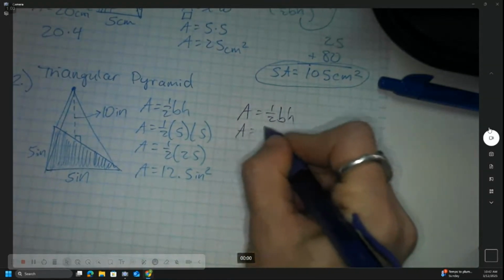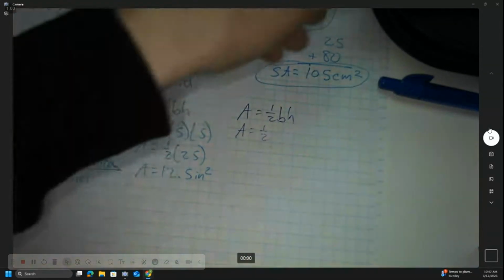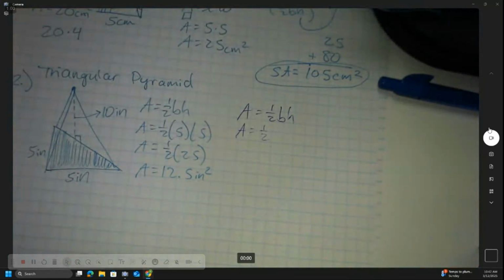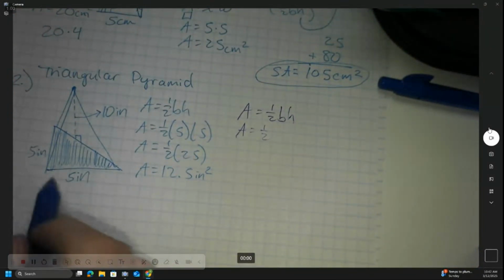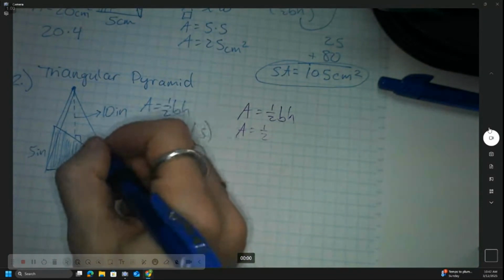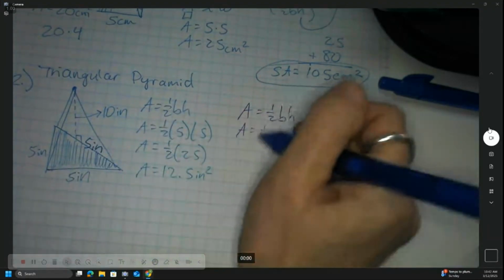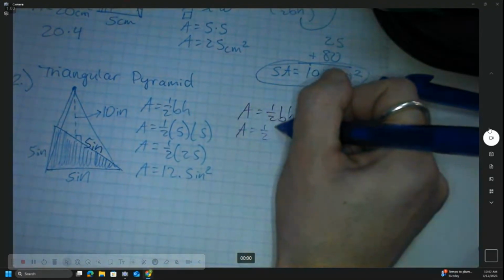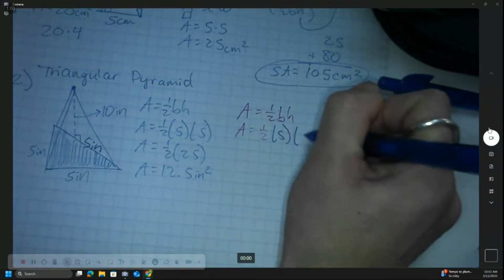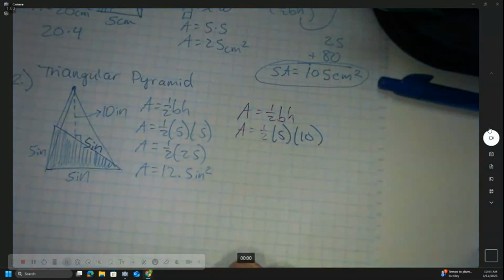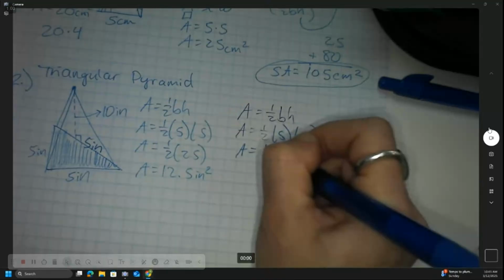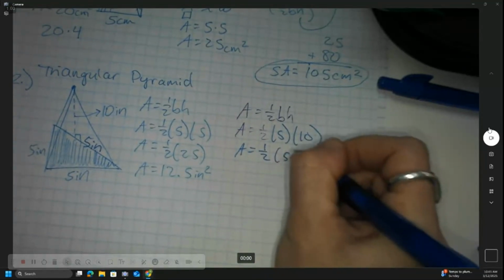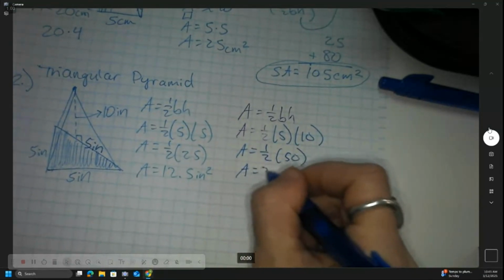Okay, let's plug in what we have. 1/2 times the base there, which again is going to be a perfect 5 by 5 equilateral triangle. So 5, and the height is 10. 1/2 times 50 is 25.